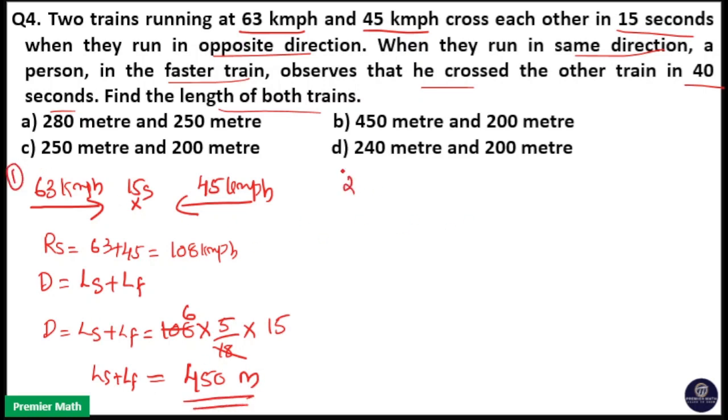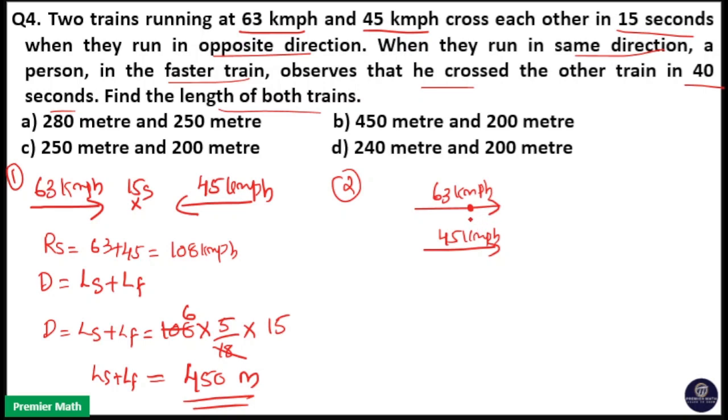In the second case, both the trains are moving in the same direction. That is, both the 63 km per hour train and the 45 km per hour train are moving in the same direction. A person sitting in the faster train observes he crossed the entire slower train in 40 seconds.